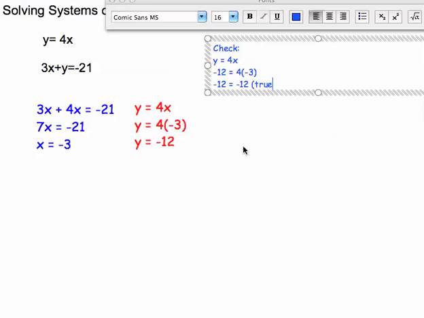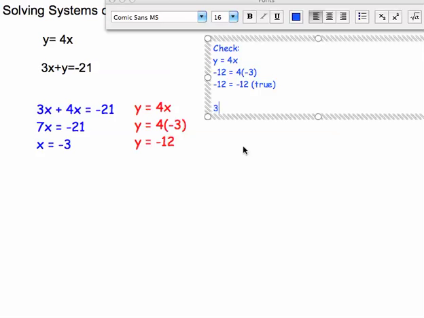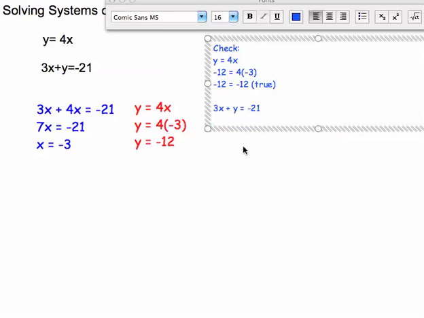So that is true. Now we must do it for 3x plus y equals negative 21. Be careful with your substitution and your evaluation so that you don't make a mistake. Okay, so the x value is negative 3, so you get 3 times negative 3 plus negative 12 equals negative 21.